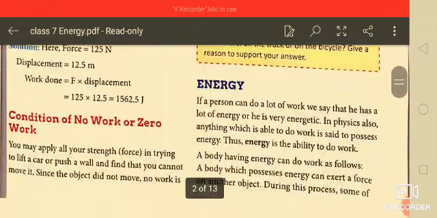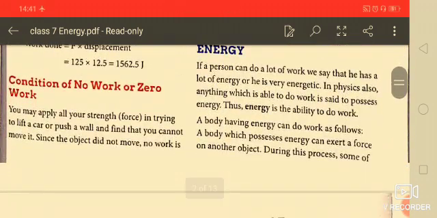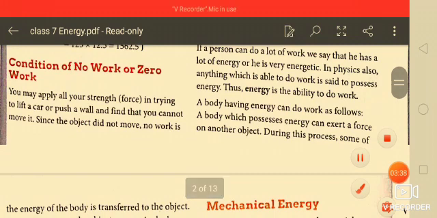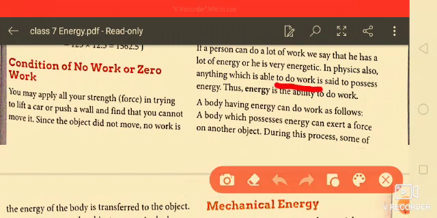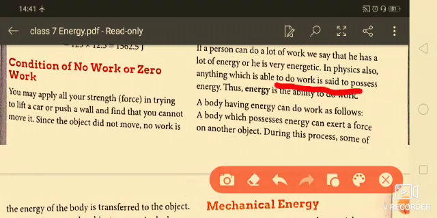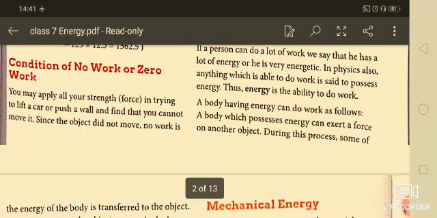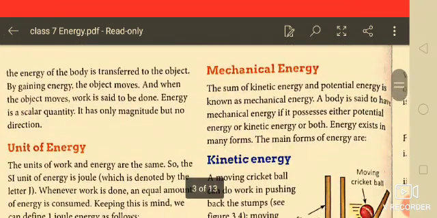Now energy. If a person can do a lot of work, we say that he has a lot of energy or he is very energetic. In physics also, anything which is able to do work is said to possess energy. Thus energy is the ability to do work. Students, energy is the ability to do work.